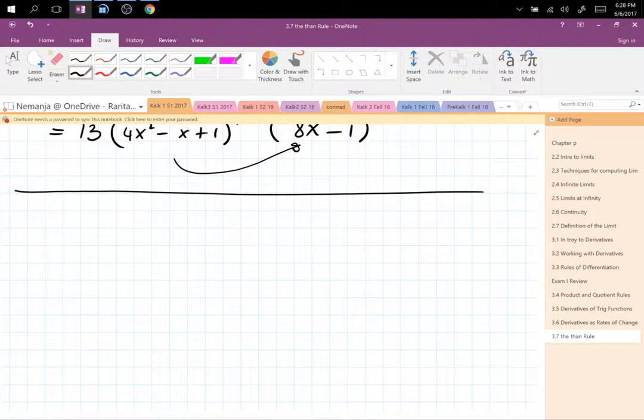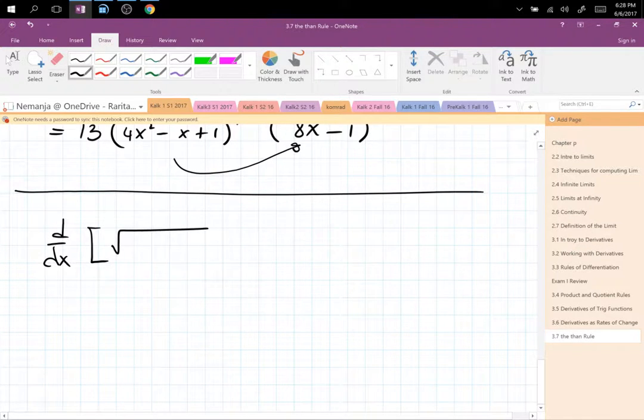Let's take the derivative of the square root of x squared plus sine x, because we can. So what do we get?